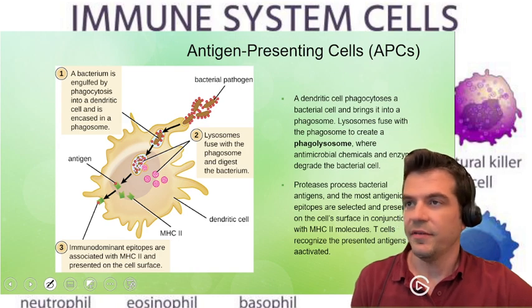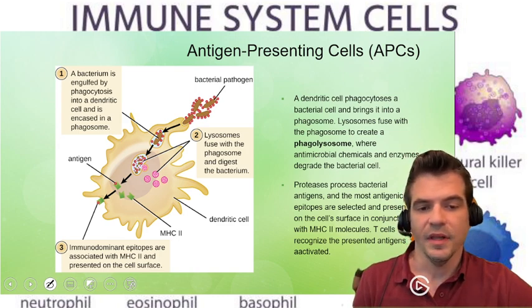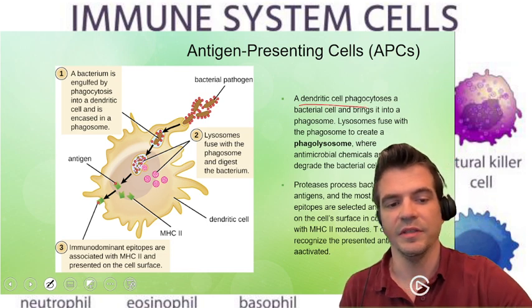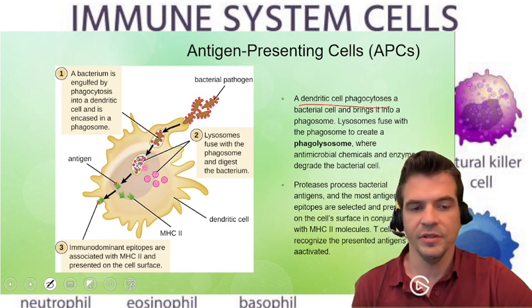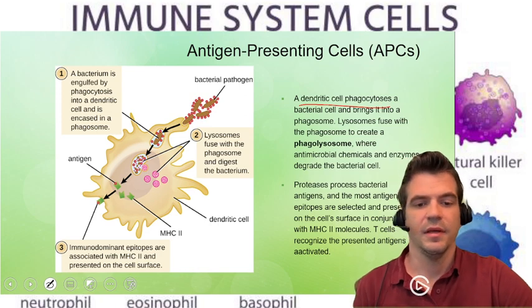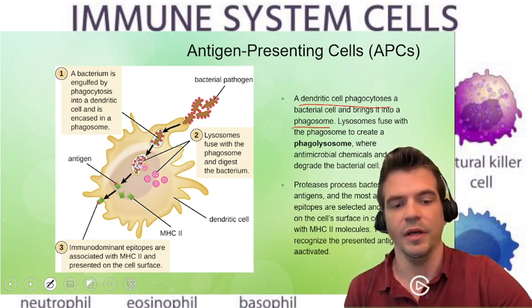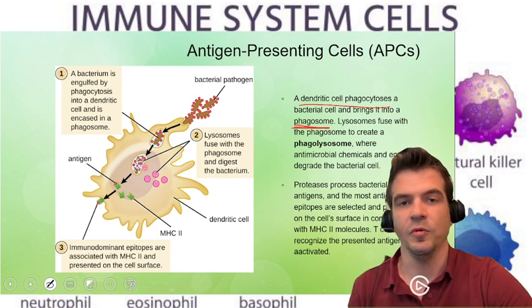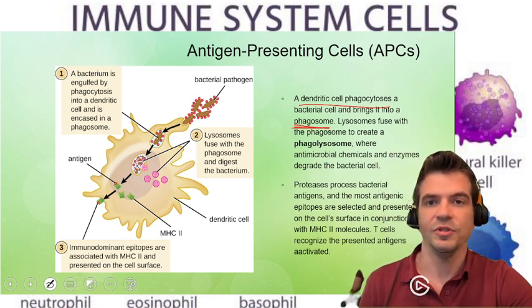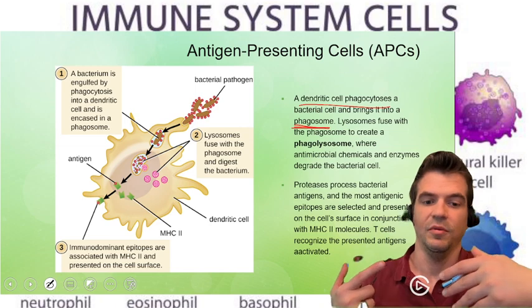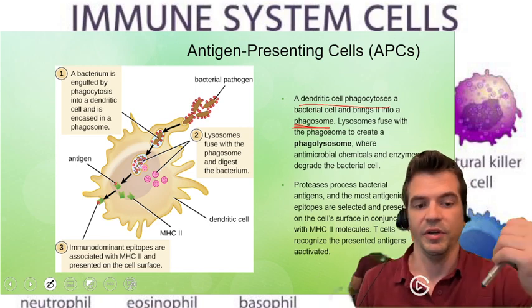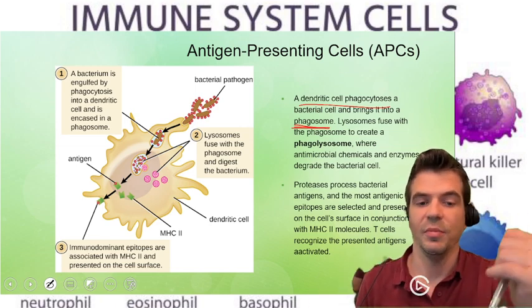We also have antigen presenting cells, and the dendritic cell will phagocytize a bacterial cell and bring it into what is known as a phagosome. In the phagosome, the lysosome fuses to this, and they release all of their enzymes, and they start to degrade the bacterial cell.